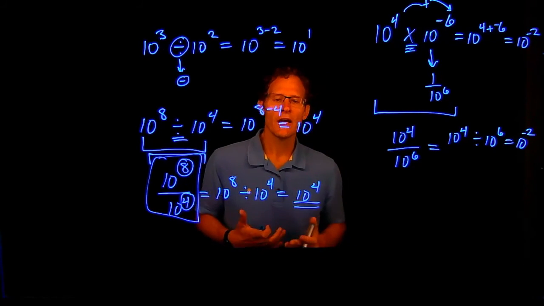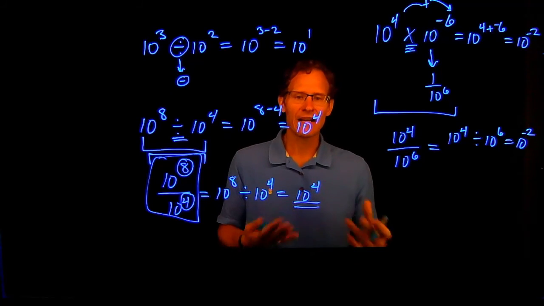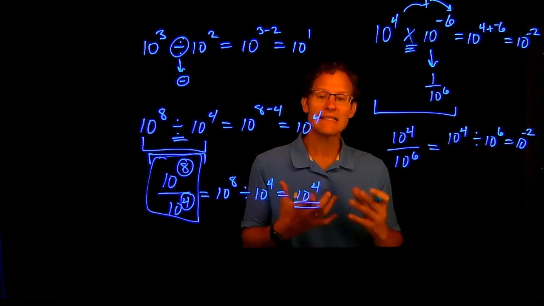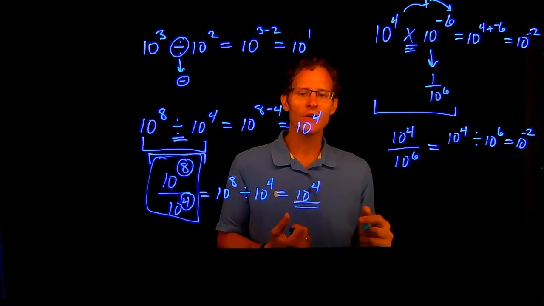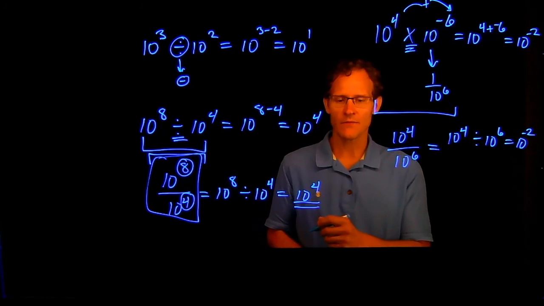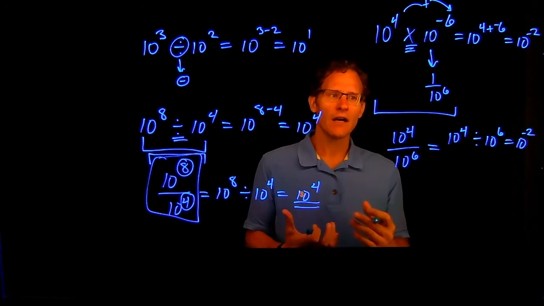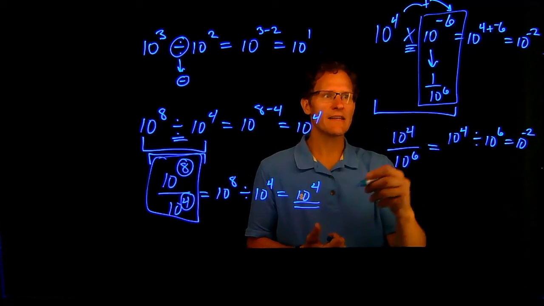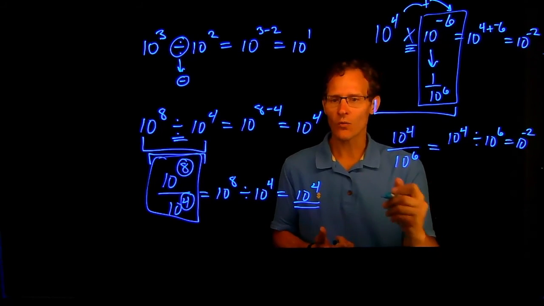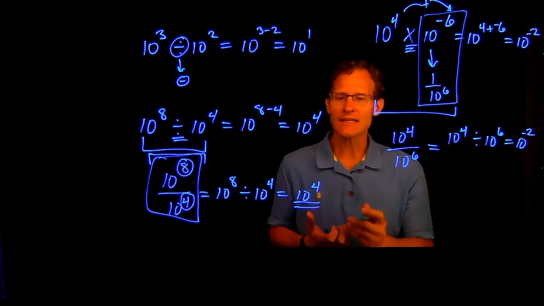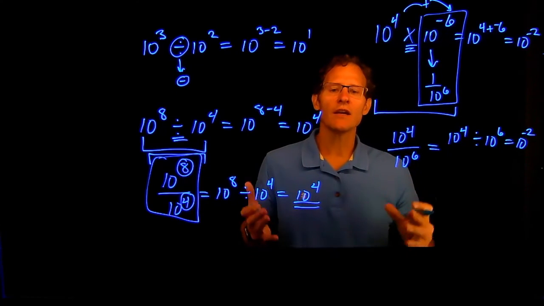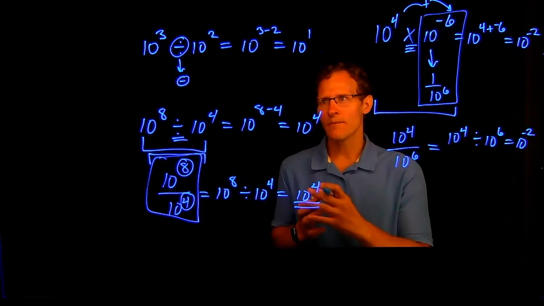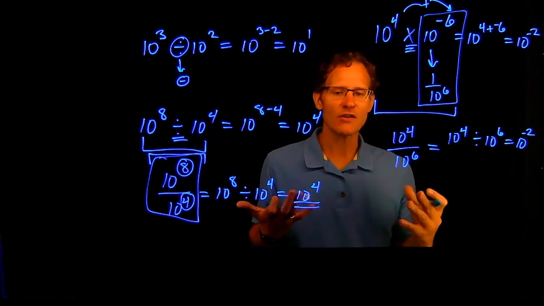So don't let negative exponents confuse you. You work with them, you treat them in exactly the same way as you would if you're dealing with positive exponents. The nice thing about understanding a process like this, converting 10 to the negative 6th to 1 over 10 to the 6th, is that you can then manipulate the expression to be in a way that's useful for you.